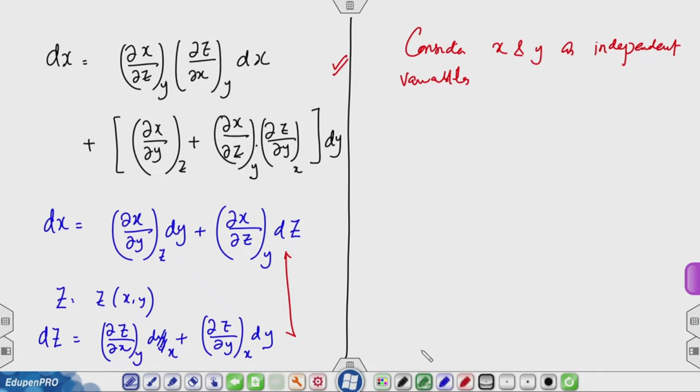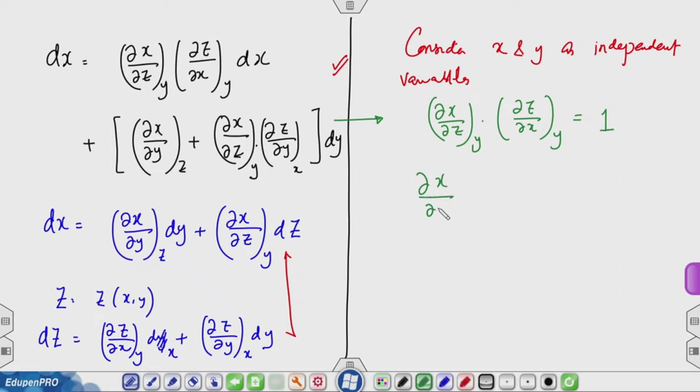Then the relationship here gives you partial x, partial z at constant y is equal to 1, and partial x, partial y at constant z is equal to, because that term in the square bracket is going to be 0, minus partial x, partial z at constant y, partial z, partial y at constant x.